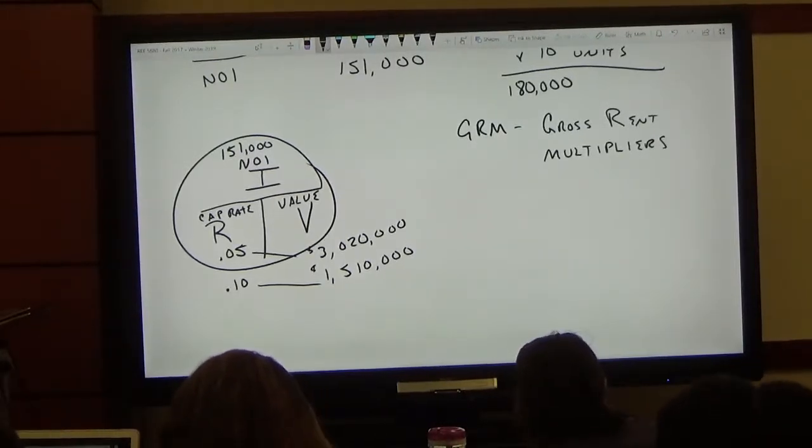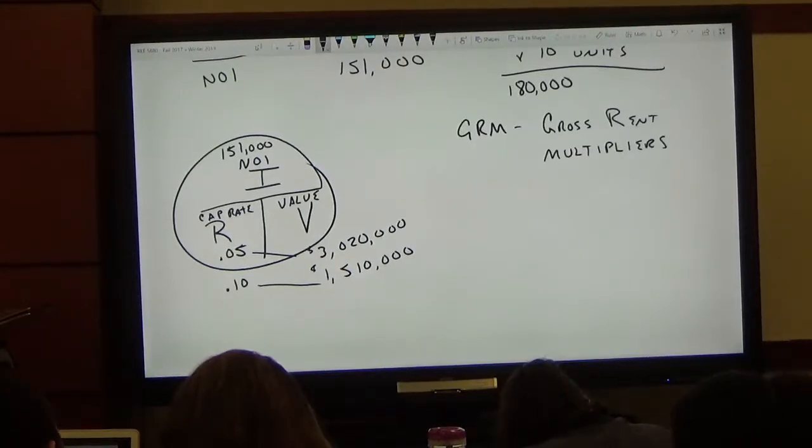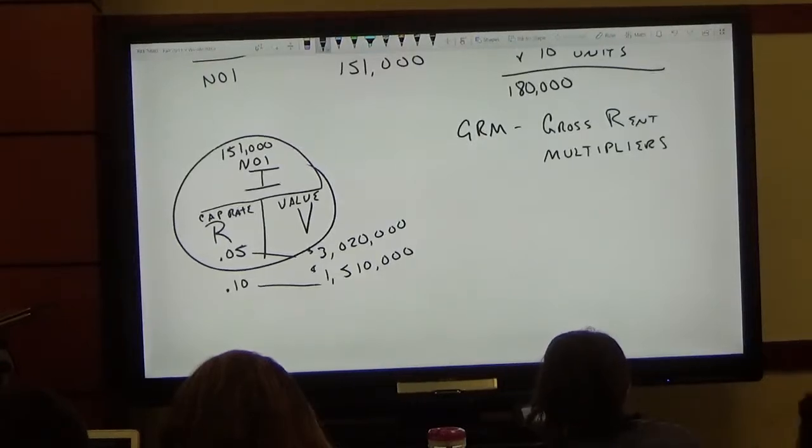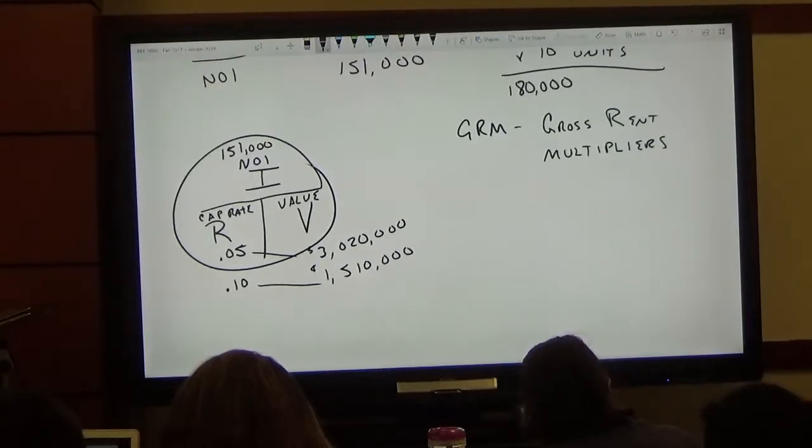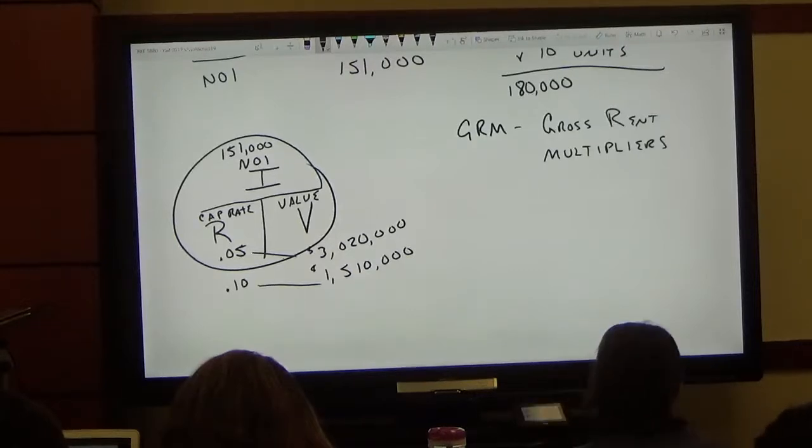It's the same sort of thing in residential terms. If you see a house that's sold in this neighborhood, you would expect that a similar house in that same neighborhood with similar features would sell for virtually the same price as the other one, yes?